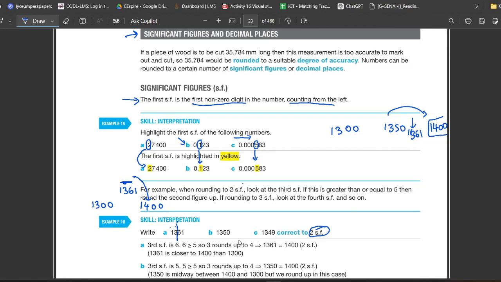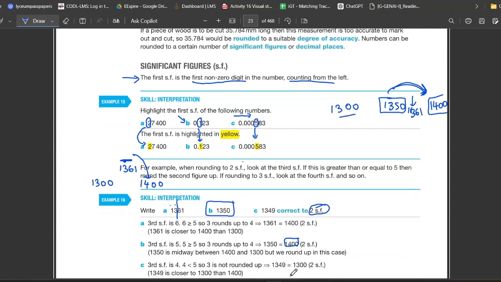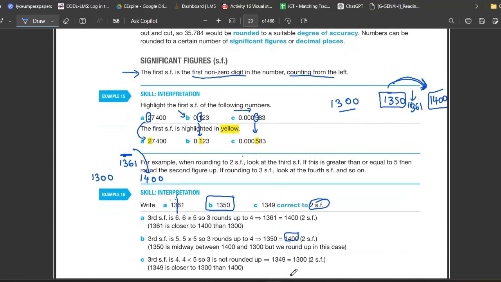Then if we check this one, 1350: always if it is in the middle between 1300 and 1400, we take the upper one, 1400. So that's why we got 1400 here, rounded correct to two significant figures.